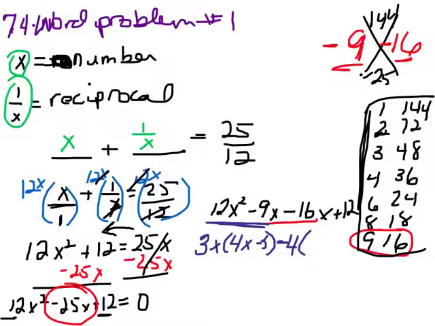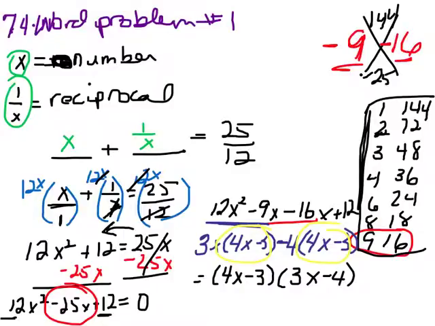So the leftovers would be 4x minus 3. And yay, that's good because this and this match. That's my new GCF. So my new GCF is 4x minus 3. And then my leftovers are 3x minus 4.